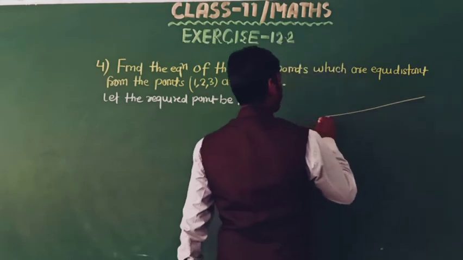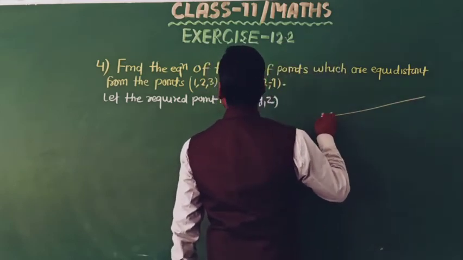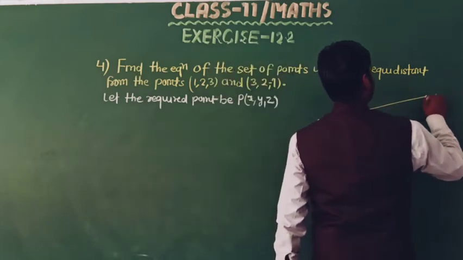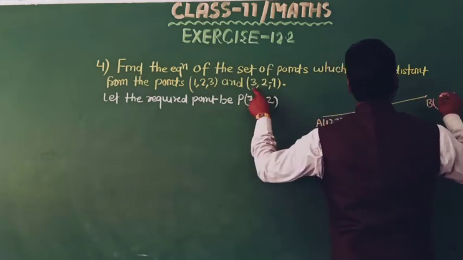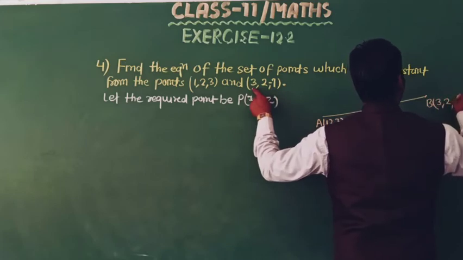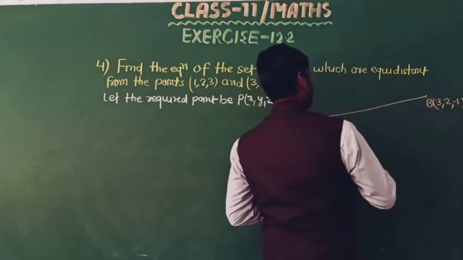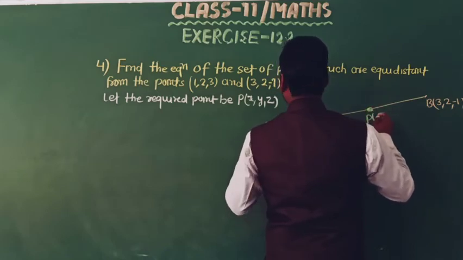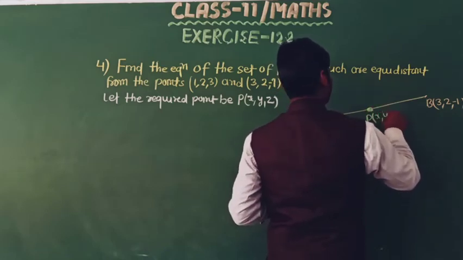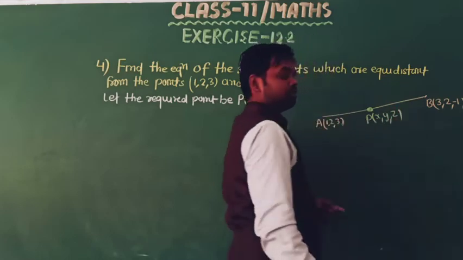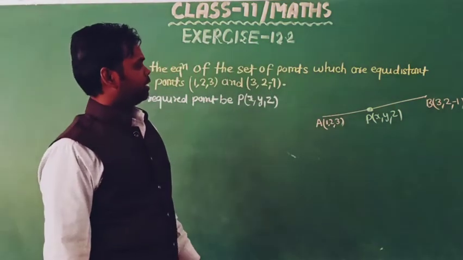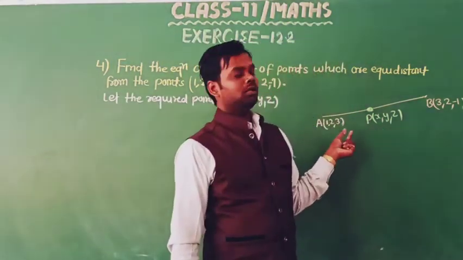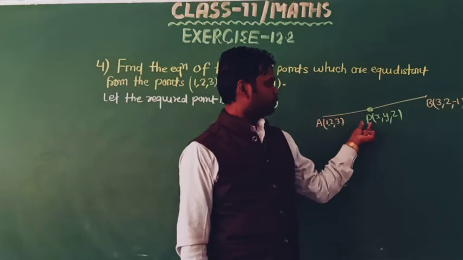This is A, whose coordinates are (1, 2, 3). Suppose this is a point B, whose coordinates are (3, 2, -1), and let this point be P, whose coordinates are (x, y, z).